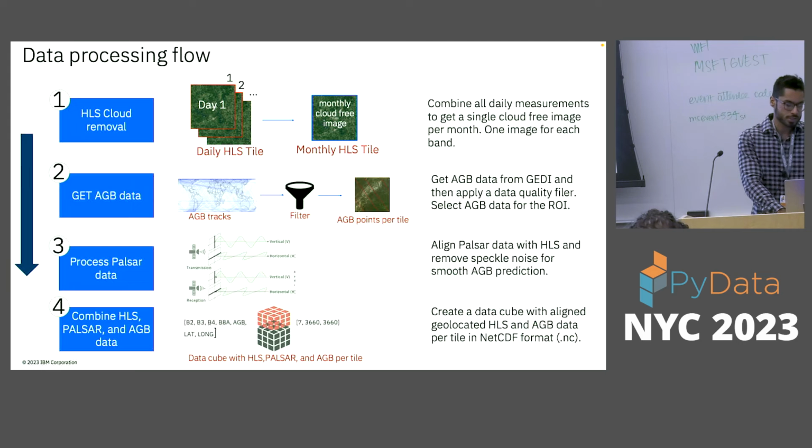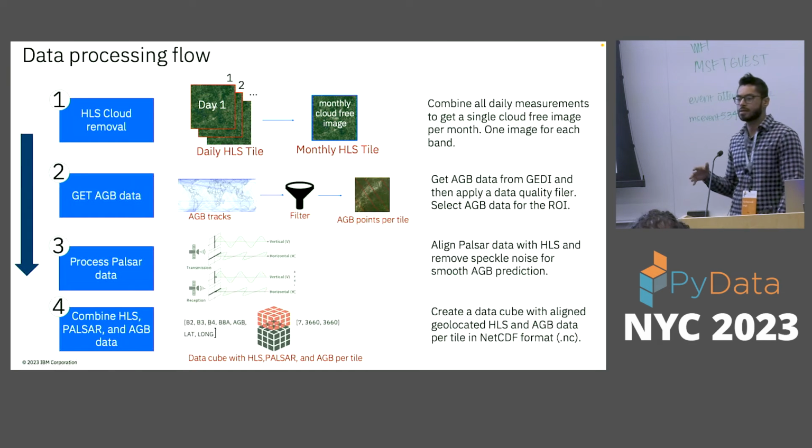This is just the same thing in picture format. As you can see, you can combine different timestamps into one image, as I talked about earlier. Then you apply the filters on the NASA data, and you get the harmonized data. I mentioned here something called PALSAR. In addition to HLS satellite imagery, we sometimes also use additional data sets, and one of them is PALSAR. PALSAR is a radar-based data set.